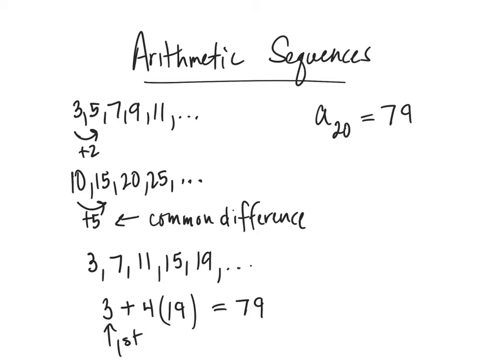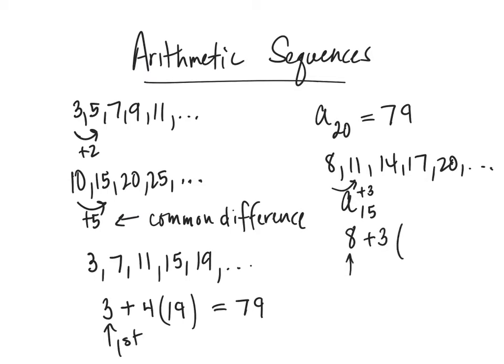Another example: if I had a sequence that started at 8 and added 3 every time, and I asked you for the 15th term, a sub 15, I would start at 8. Every time I move forward one position, I add 3.